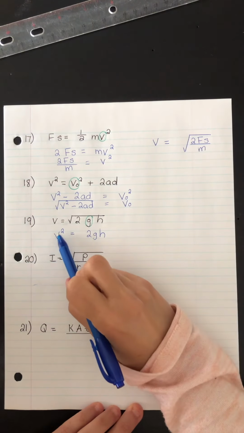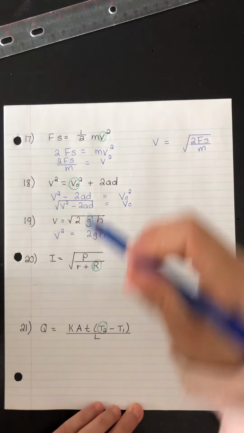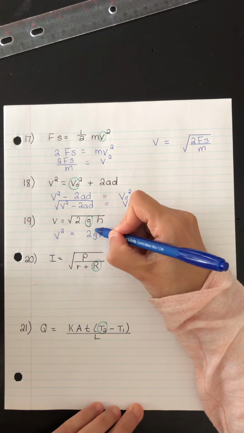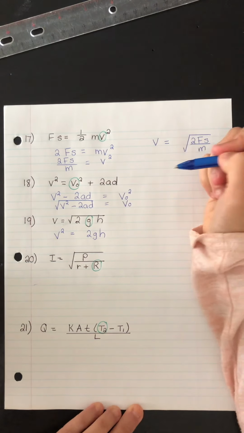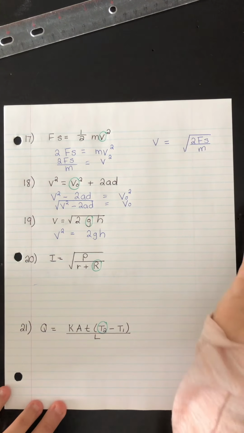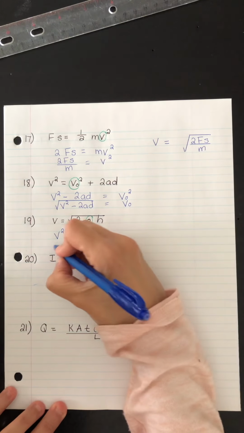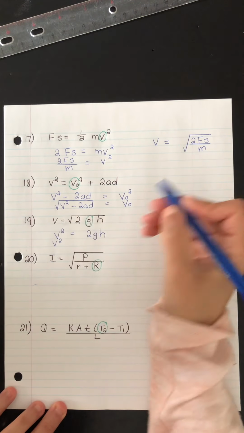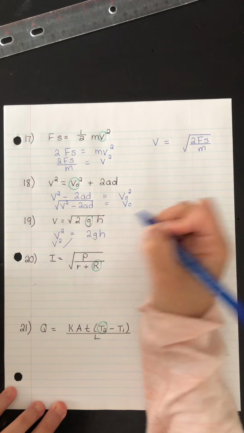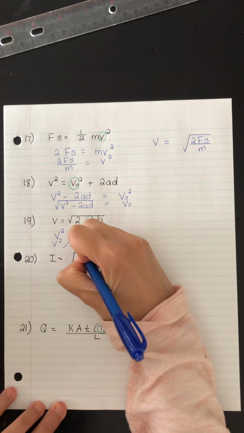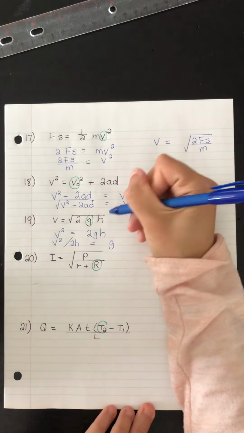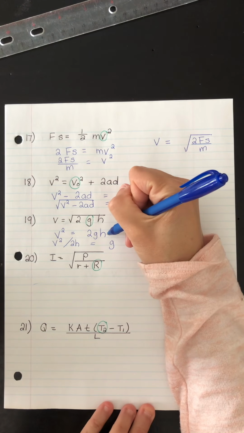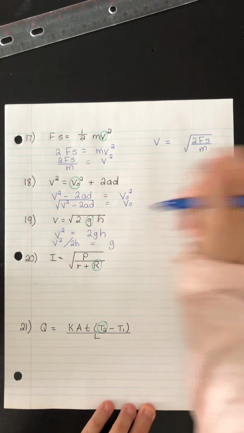So we have v squared is 2gh. Now you want the g by itself. You can divide by both 2 and h to do this. And so that can be done in one step. So we will end up with v squared over 2h is equal to g. Okay, so we have to square here first, then divide by 2h.